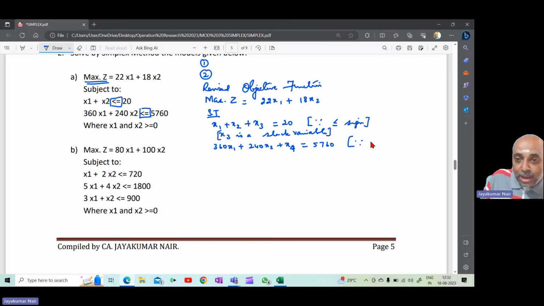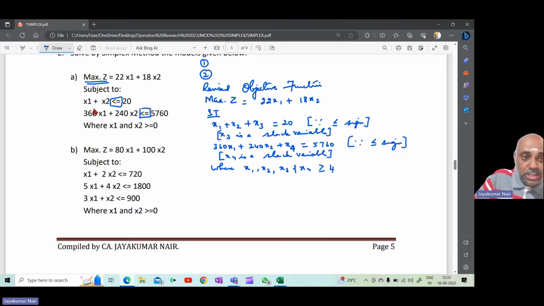So whenever you have a less than or equal to sign, you need to introduce a slack variable in the model. So I'll write here x4 is a slack variable, where x1, x2, x3 and x4 greater than or equal to 0.